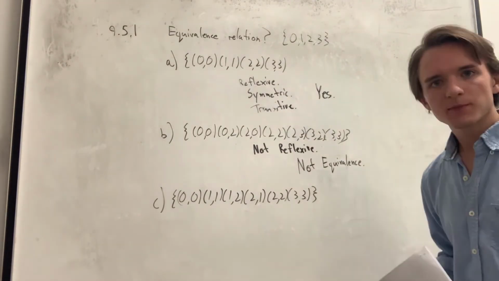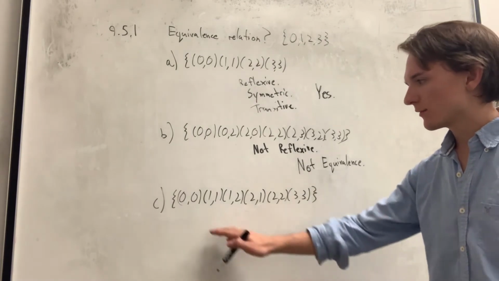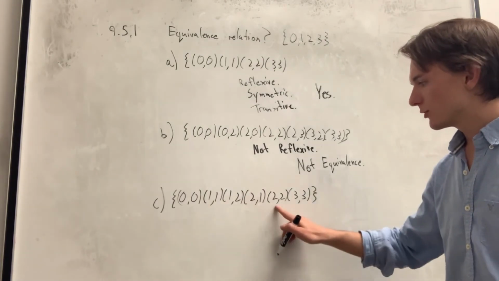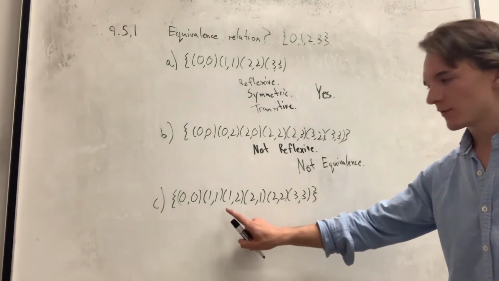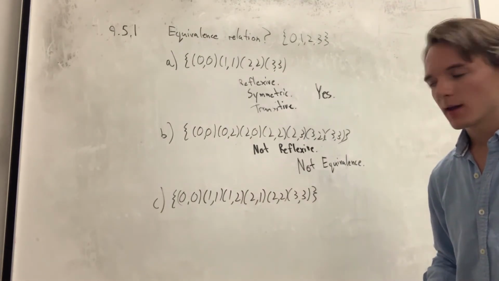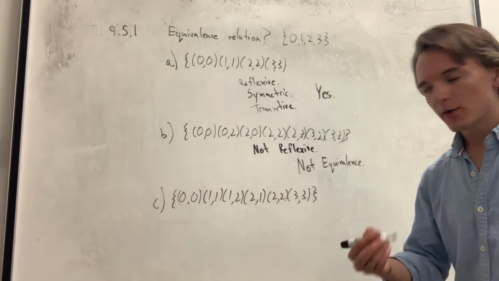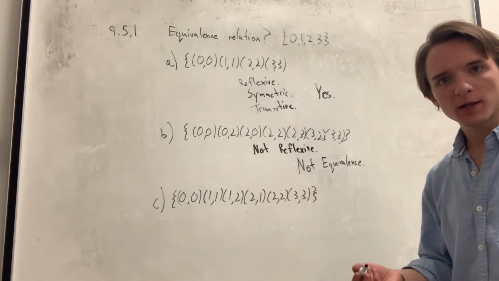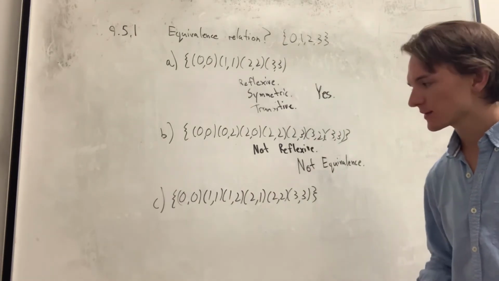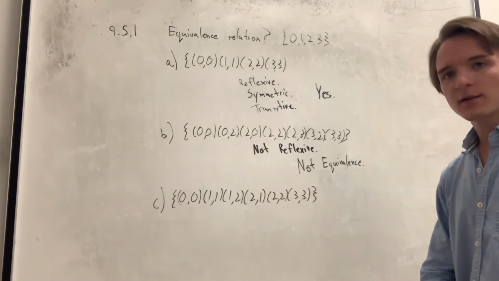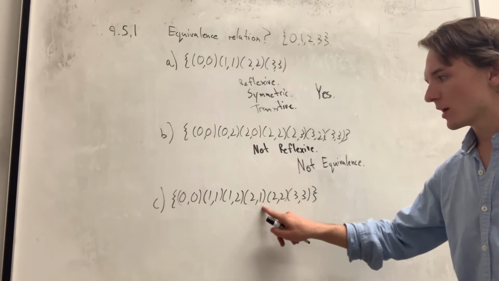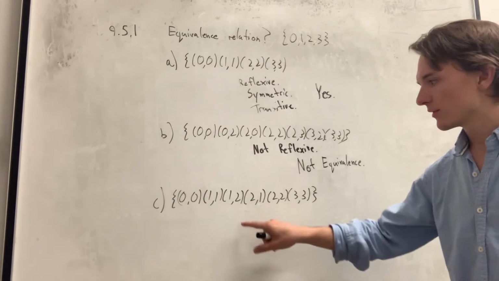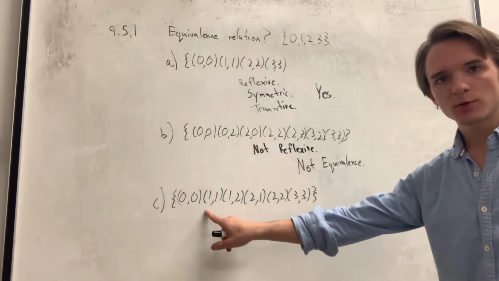And for C, it is reflexive because we have 0, 0, 1, 1, 2, 2, 3, 3. It is symmetric because we have the pairing 1, 2, and we have the reverse pairing 2, 1, both in the relation. That's the only pairing we have to test. So it is symmetric. Finally, it is transitive. We have 1, 2, we have 2, 1, therefore we should have 1, 1, which we do.